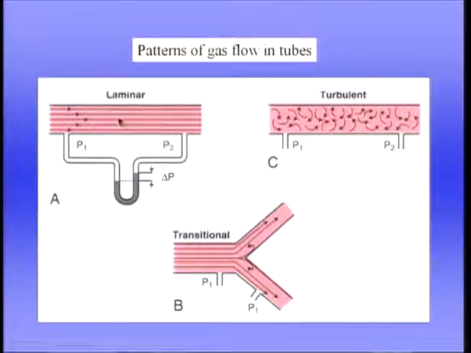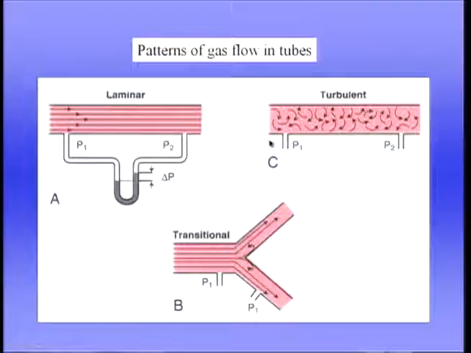Now, if we increase the flow rate, we may reach a point where the flow becomes what's called transitional. This is particularly seen where the tube divides into two daughter branches, as shown here. There's laminar flow in the upper part, the original part of the tube, but then you get flow separation and eddy formation, particularly at the junction where the tube divides, and this is called transitional flow.